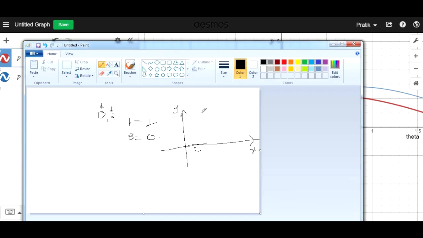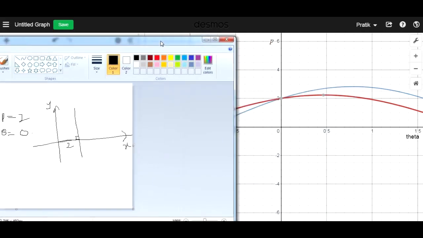So what we need is one line that is perpendicular to this. We can see that this line, which was earlier not possible using the Hough transform method that we used earlier, is now very much possible using this method.